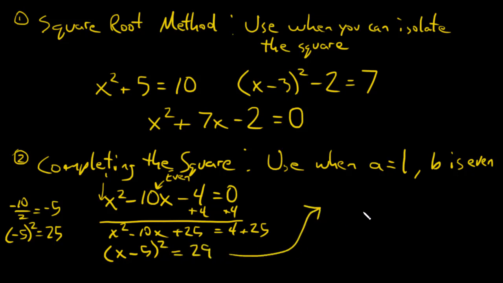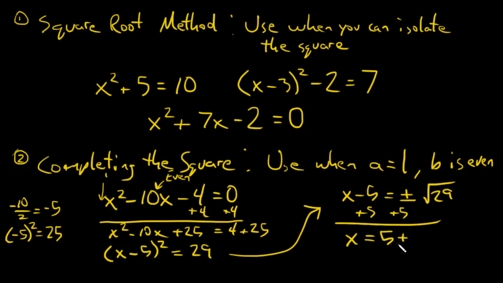Take the square root of both sides. x minus 5 equals plus or minus root 29, plus 5, plus 5. x equals 5 plus or minus root 29. So that's when I use completing the square.